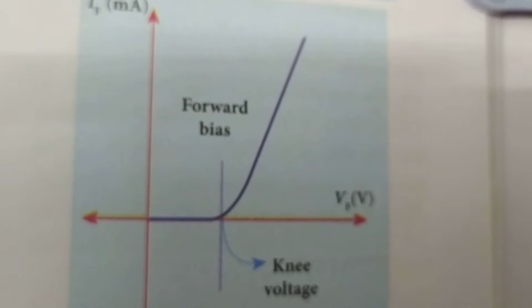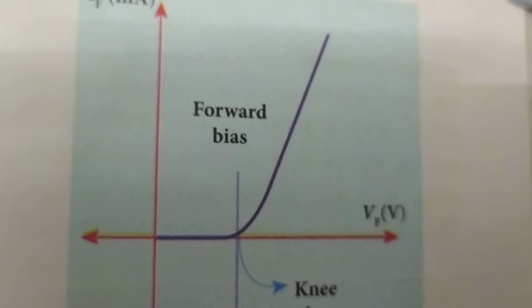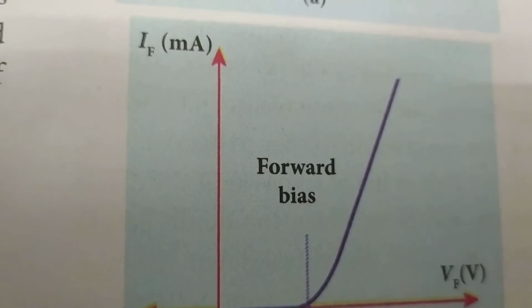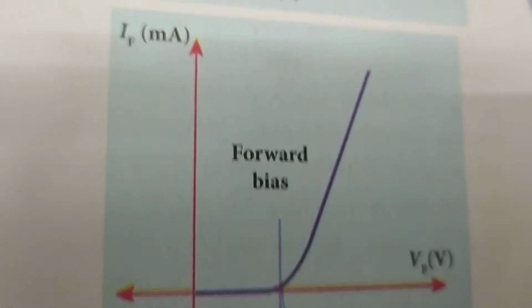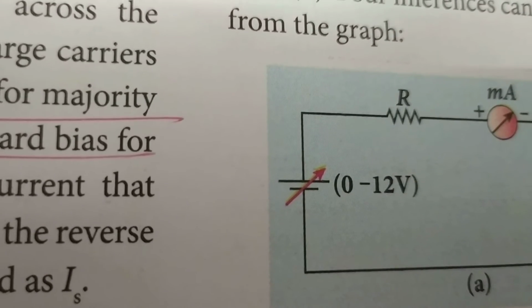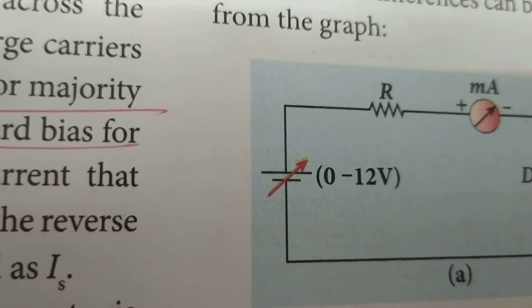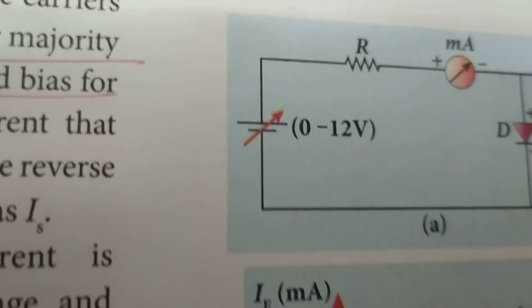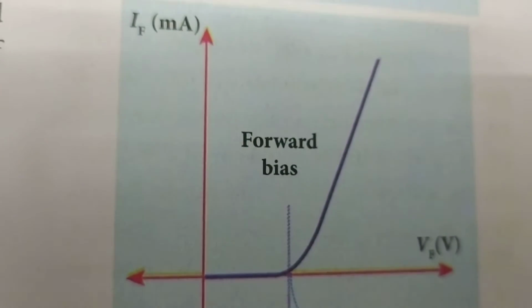For this you have to draw a graph, with voltage along the x axis and current along the y axis. Slowly increase this variable power supply from 0 to 12 volts, and you see what happens to the current.